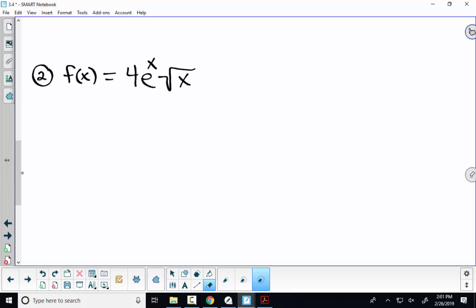But this isn't a function of x, so it's just 4 times this function. It's half times the derivative of this plus the derivative of 4.